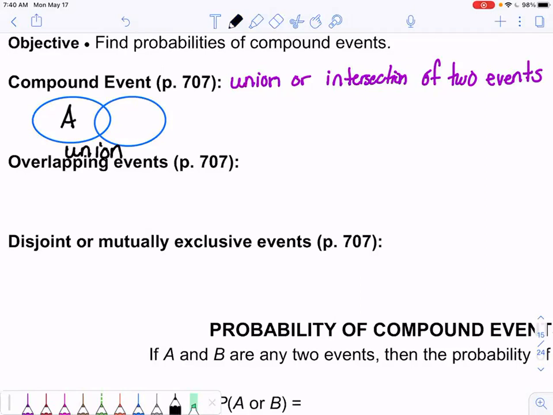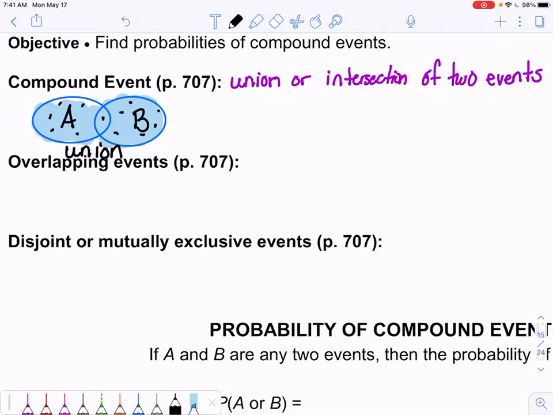So we have event A, we have event B. The union is both of the events, or all of the bubbles joined together. So whatever events are in A are joined together with the events in B. So that's called the union of the events.